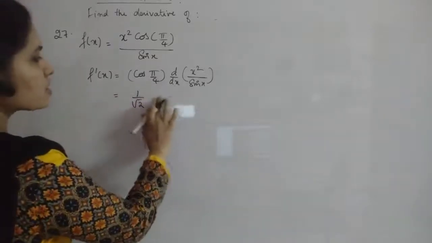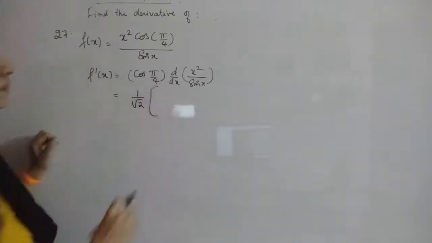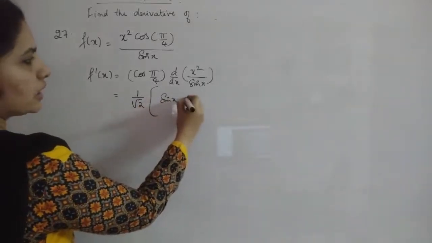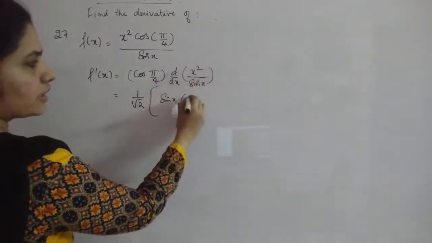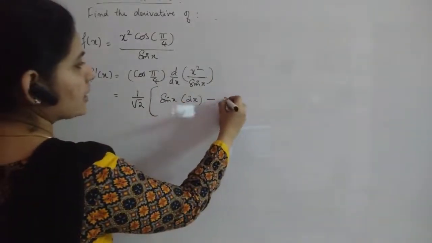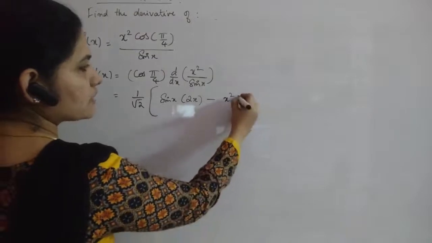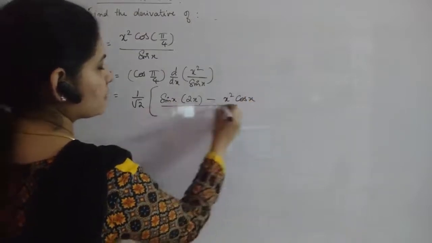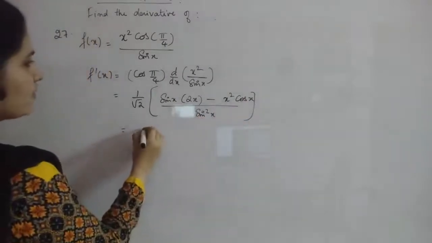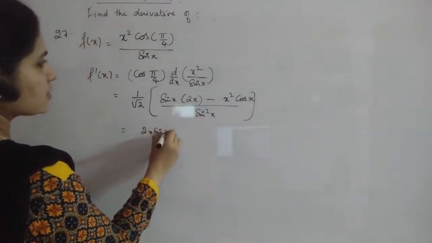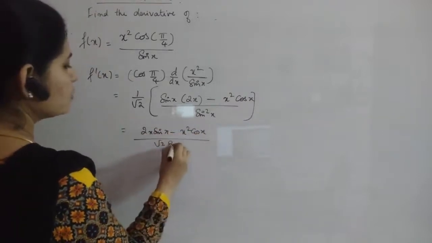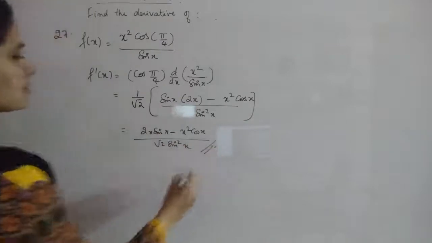Now d by dx of this we can use quotient rule here. So what is this? Denominator into the derivative of numerator, which is x square, and the derivative of x square is 2x, minus, again x square is the numerator, derivative of sin x will give you cos x, divided by sin square x. So you have 2x sin x minus x square cos x divided by root 2 sin square x.